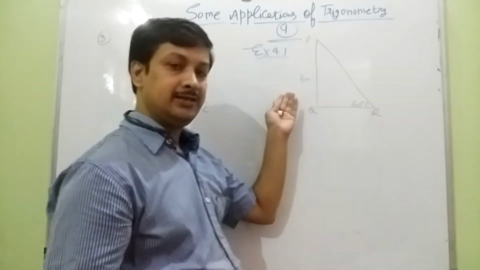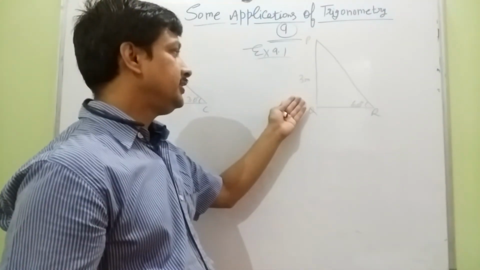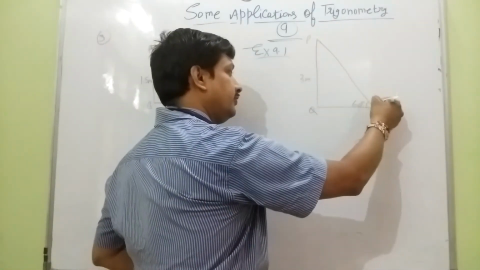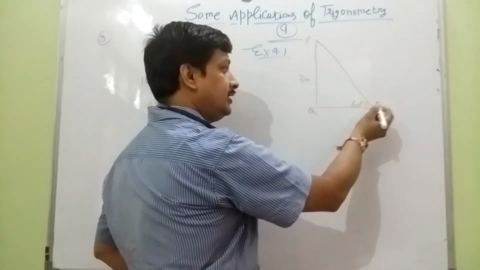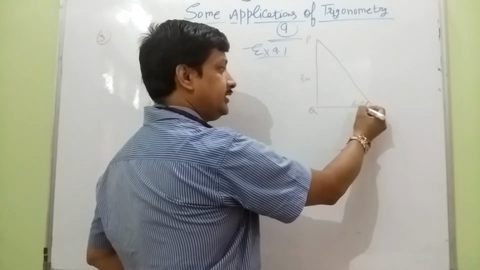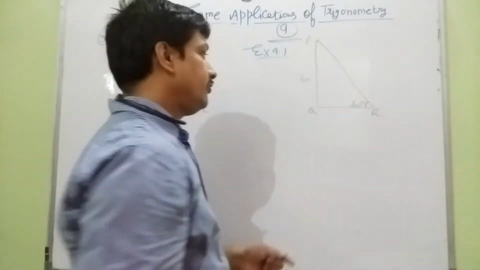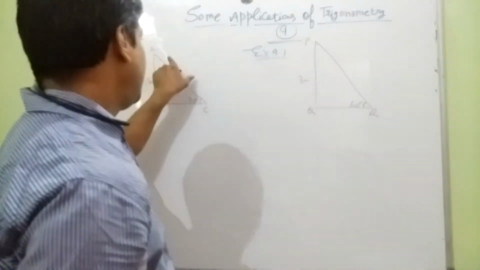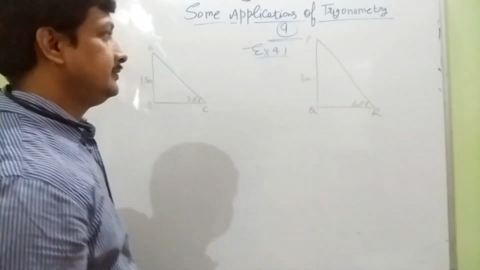Similarly, for the elder children, the height will be 3 meter and the inclination of the slide is here where the children will slide. So this slide will make a 60 degree angle with the horizon. So we have to find the length of this slide, that is PR and AC.